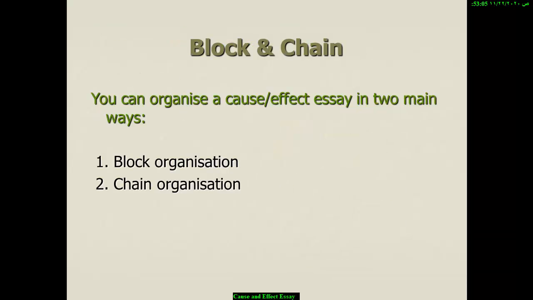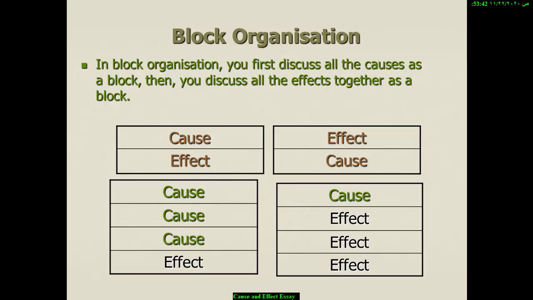How should my essay look like? Either use the block or the chain. How do I write the block essay? And how do I write the chain essay? Let's see. In the block organization, you first discuss all the causes as a block. Then you discuss all the effects together as a block.